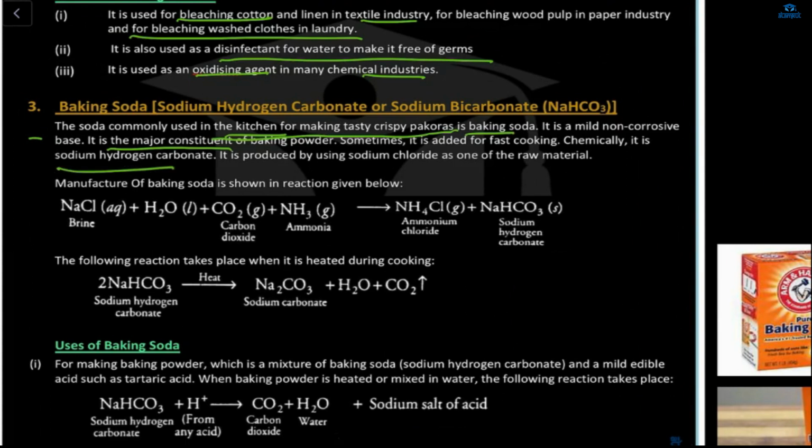How is it a base? It is a mild non-corrosive base. It is a property of baking soda that it is a mild base. Now you tell me, what is the meaning of corrosive? It means that it corrodes metals and is reactive with metals.